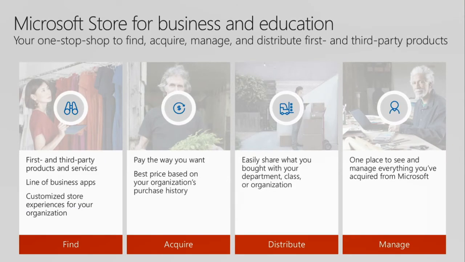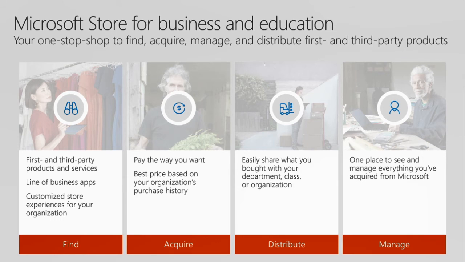So what can you do with Microsoft Store for Education? It's your one-stop shop to find, acquire, distribute, and manage. So first, you can find first-party and third-party products, and that includes your LOB or line of business apps. And you can publish them, you can acquire them, even if they're paid apps. And depending on your organization's agreements, you can get different pricing, volume discounts, et cetera.